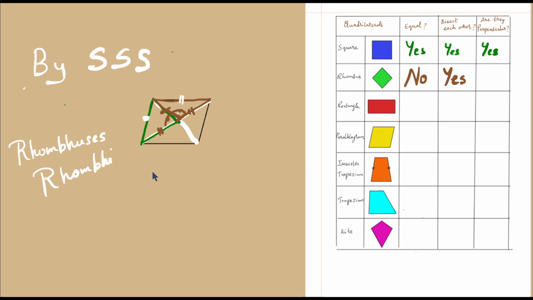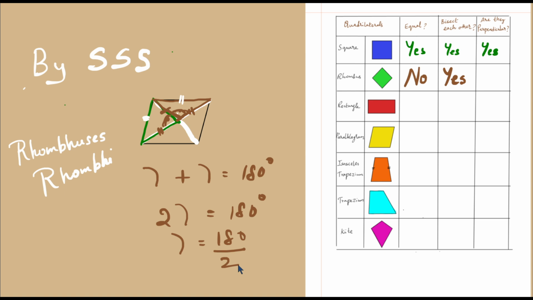So these two angles form a linear pair. So they would have to add up to 180 degrees. The two angles, I'm just drawing this brown color to represent these two angles here. They add up to 180 degrees, or two of these angles would be equal to 180 degrees, or each angle would measure 180 by 2 or 90 degrees.